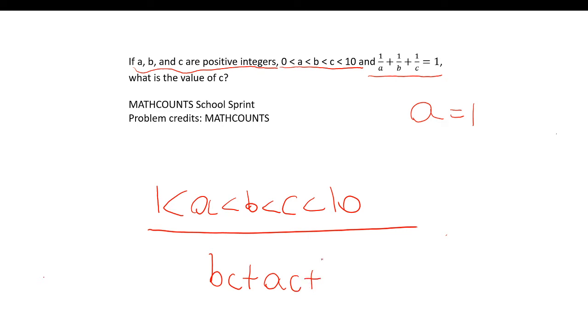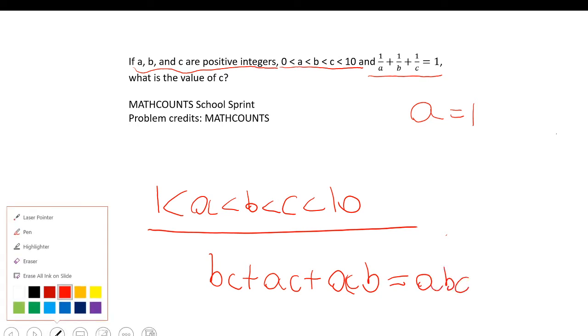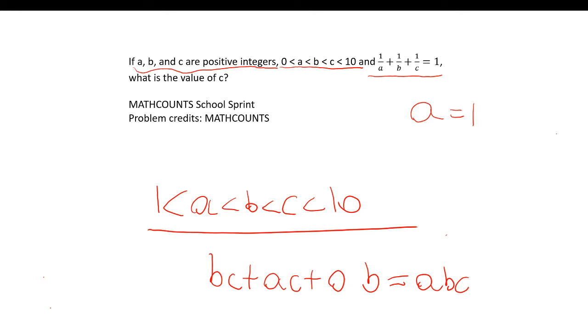Multiply the c by abc, and we get ab. Multiplying all terms by abc, we have to multiply the other side too. We get abc. All right: abc, bc, ac, ab, abc.